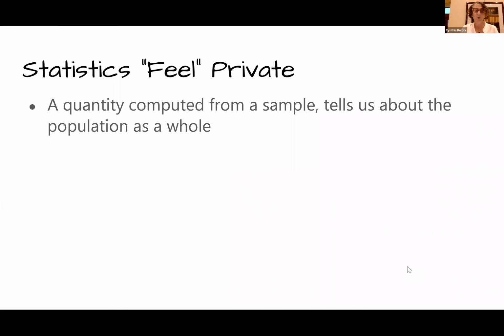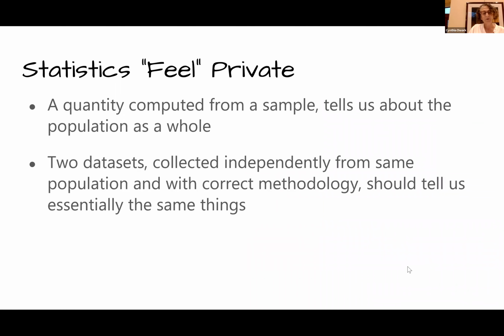So a statistic is a quantity that's computed for us from a sample. And the intention with the statistic is that it tells us about the population as a whole. So statistics feel private. And one of the reasons they feel private is, well, you could have two data sets that were collected independently from the same population and that might not even intersect.